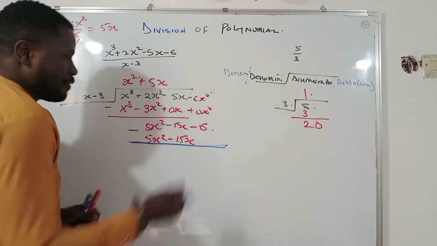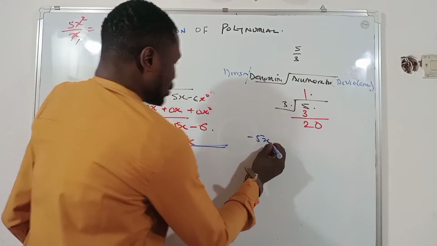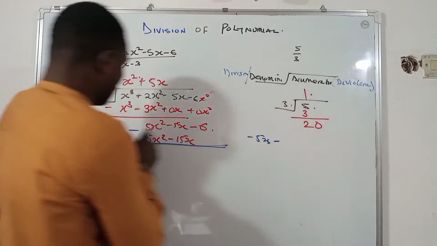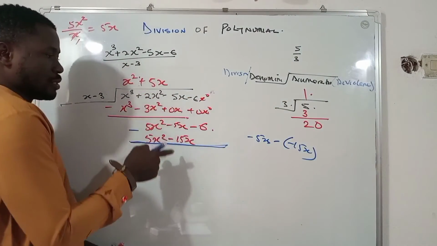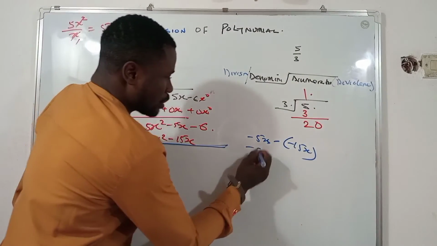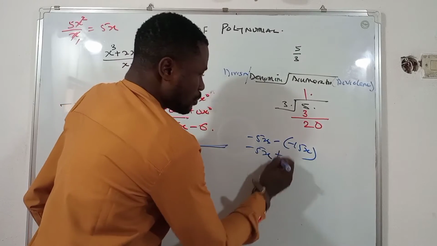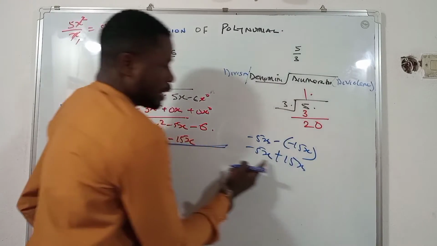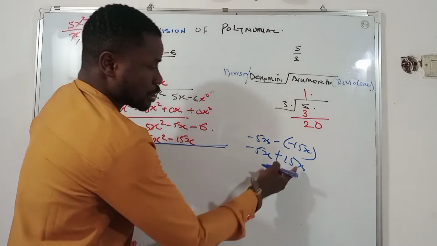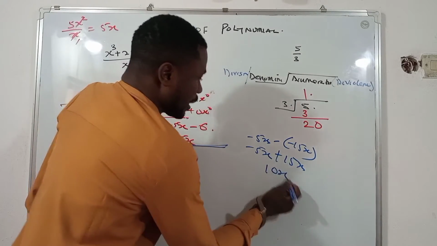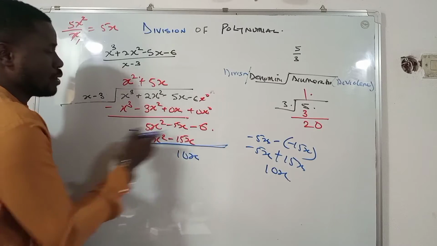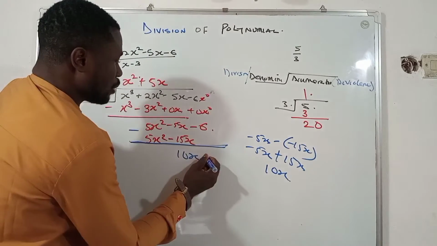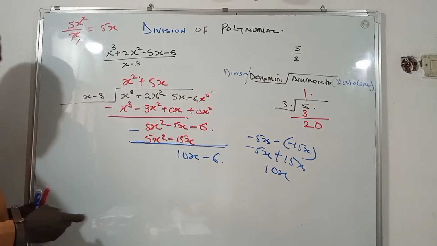And then you now have here minus 5x, which is this one, minus, which is this minus 15x. See what I have? Then this will be minus 5x. This minus times, of course, will be plus 15x. And then when you add this minus 5x plus 15x, that will give us plus 10x. So what we'll have here will be 10x. Minus 6 minus 0 here, like I did earlier, that will give us minus 6.